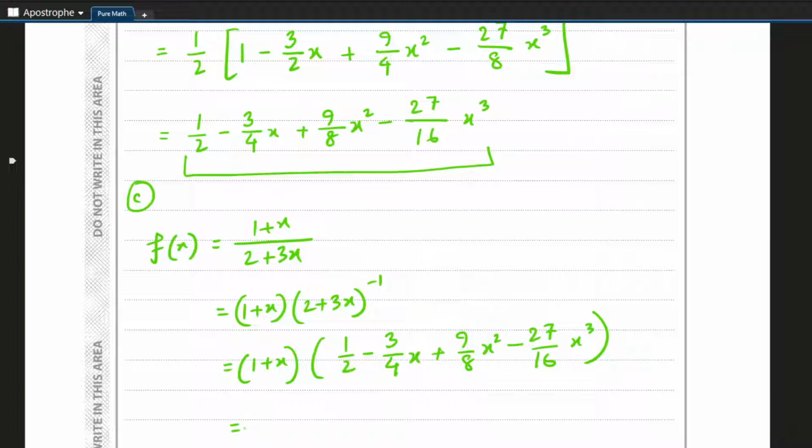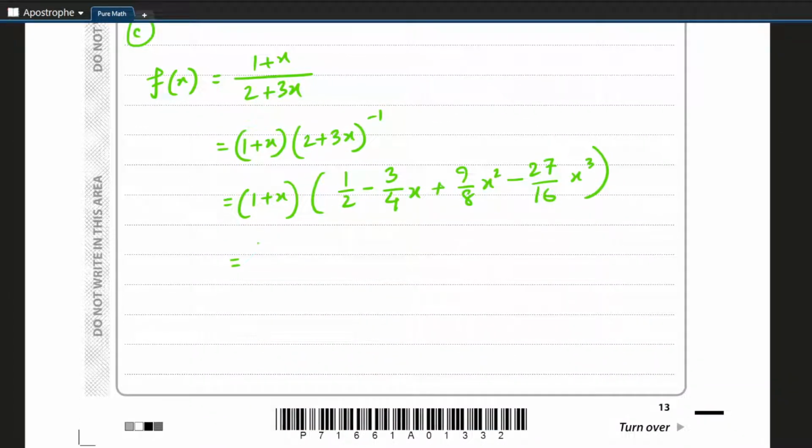Now we are going to multiply 1 with the whole thing and then x with the whole thing. So I'm multiplying by 1. Then I'm going to multiply with x.